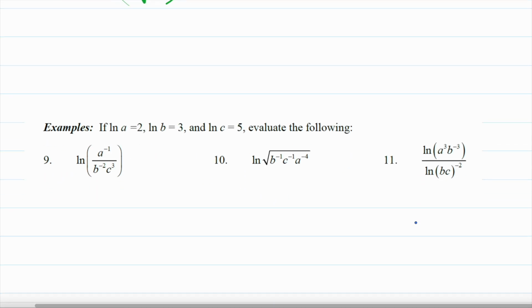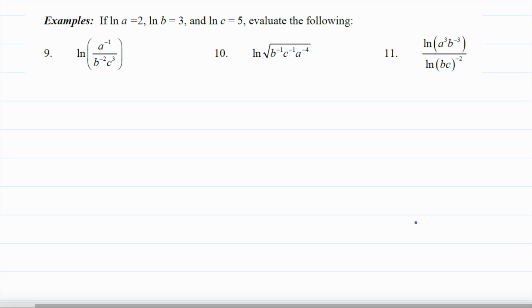Now let's see how we can solve problems number 9, 10, and 11. Before you solve 9, 10, 11, they have given you the values of natural log a, natural log b, and natural log c, and we have to evaluate this expression. So I'm going to use the second property first.